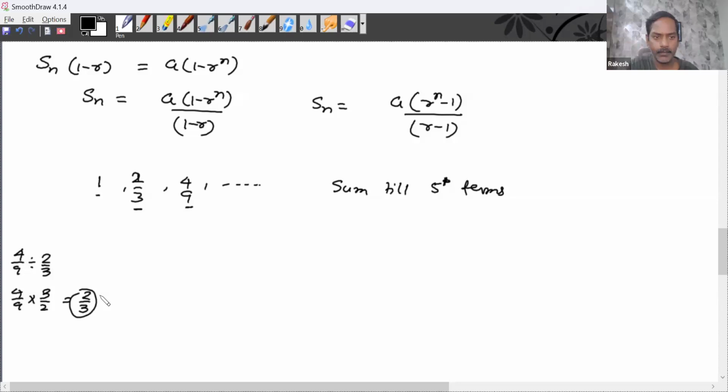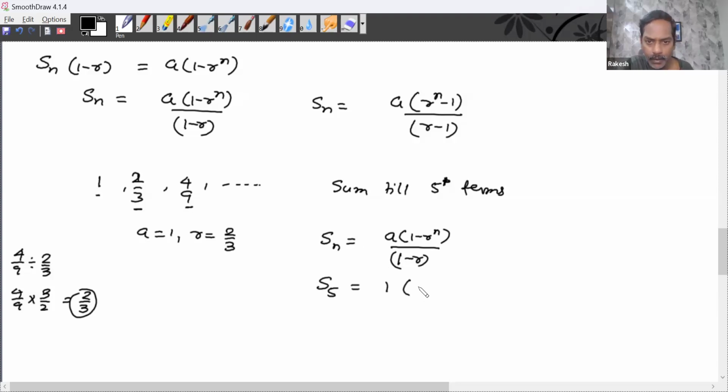Clearly, this comes out to be 2 by 3. So this is a geometric progression where the value of A is 1 and R, the common ratio, is 2 by 3. We have to add till 5 terms. So S of n, as per the formula, is A (1 minus R to the power n) divided by 1 minus R. We can substitute. So S of 5 would be: the value of A is 1, 1 minus (2 by 3) to the power 5, divided by 1 minus 2 by 3.